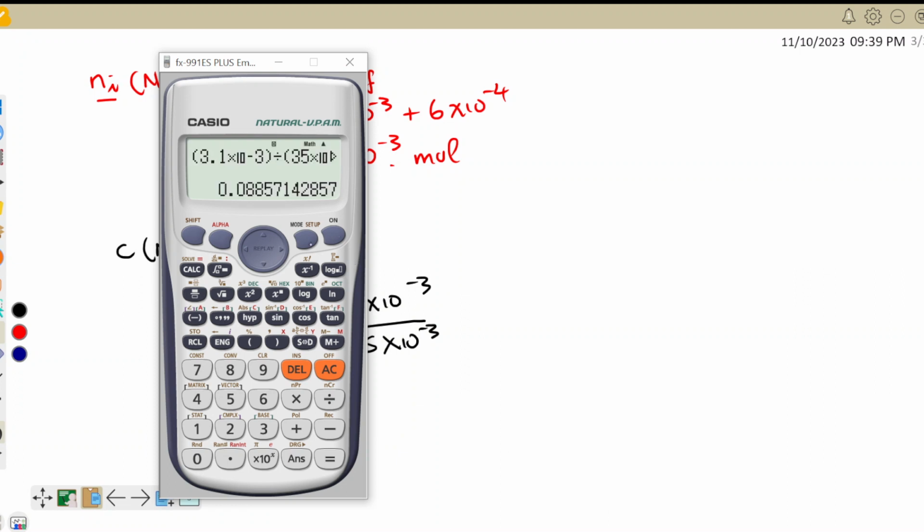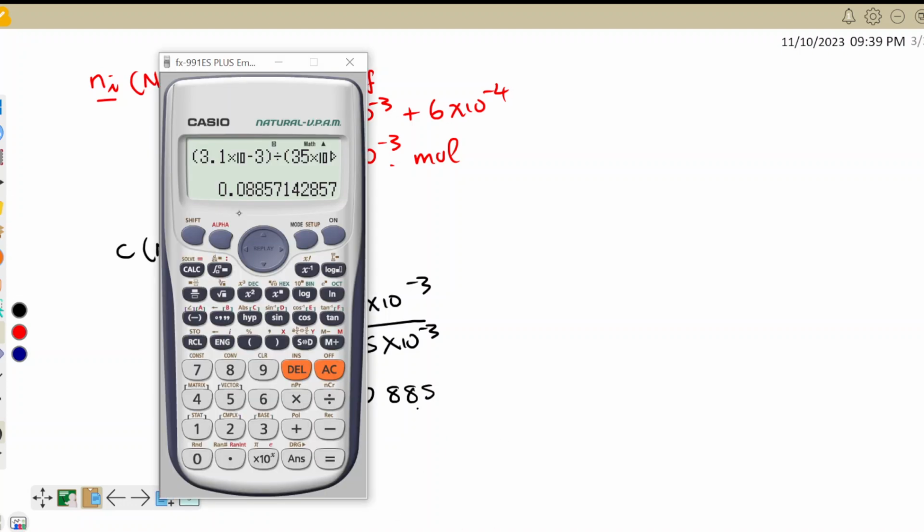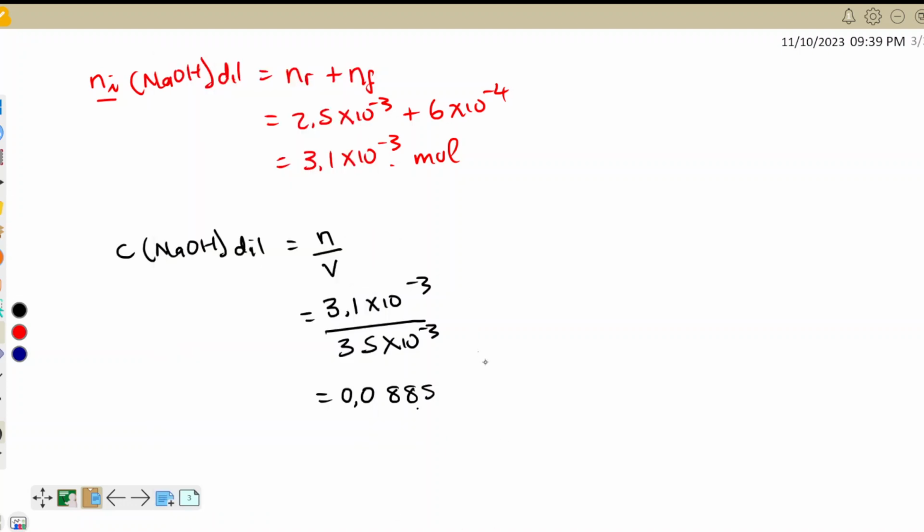Okay, so the concentration in the dilute solution is 0.0885714, etc. Let's check again, 0.088571.